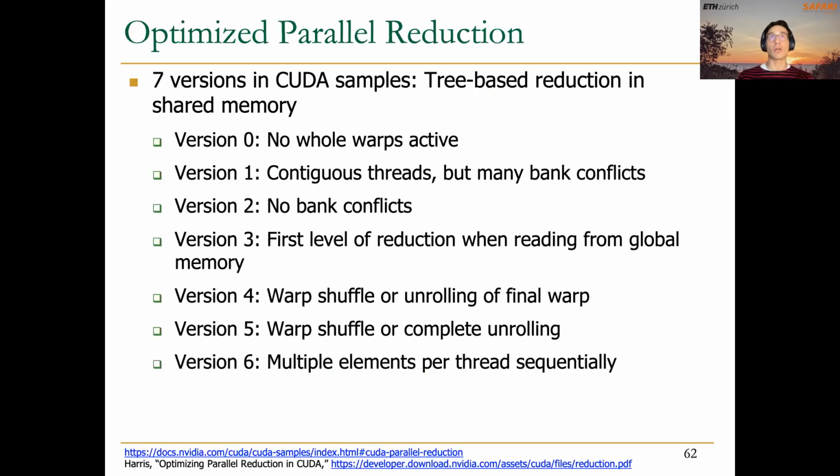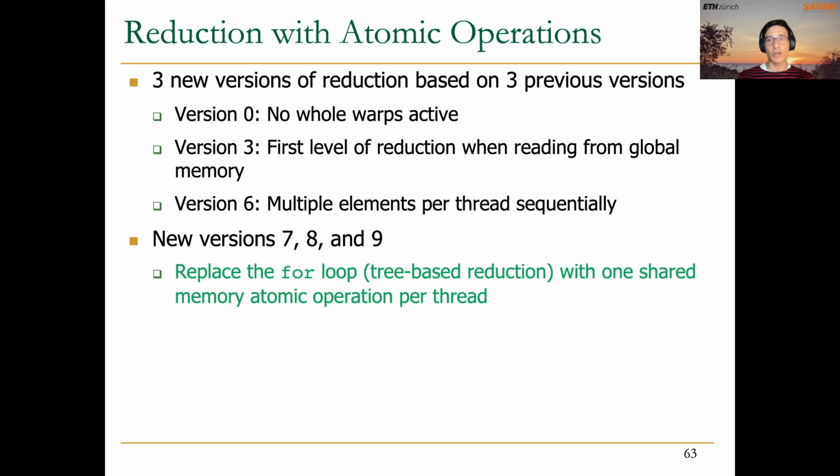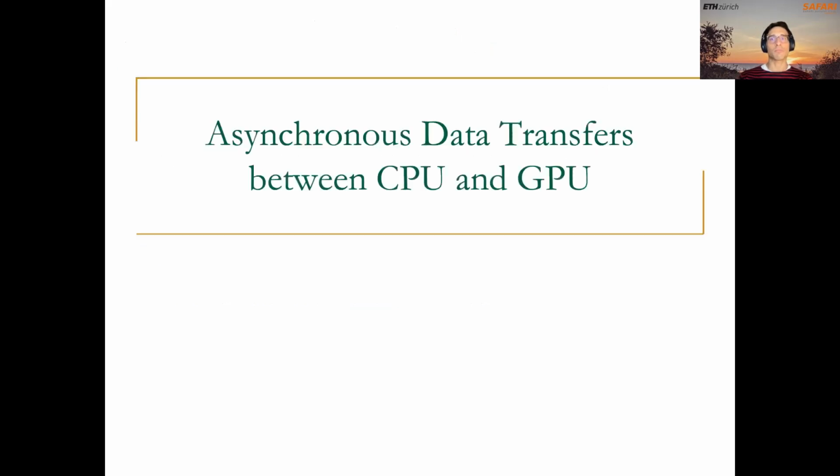And same for the parallel reduction. I'm not going to talk in detail anymore about parallel reduction here, but atomic operations can be pretty useful to implement parallel reduction, and could be surprisingly efficient, as we will see.